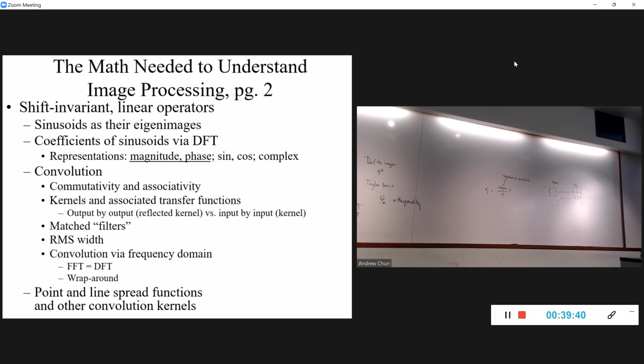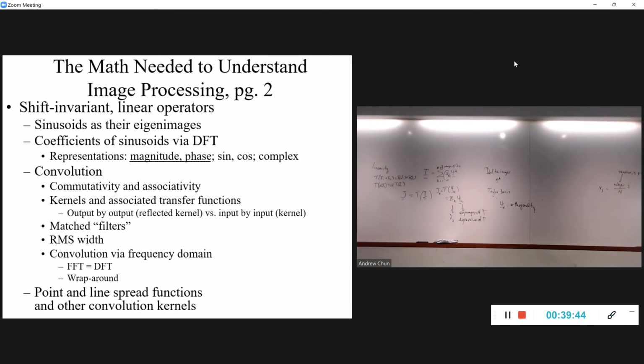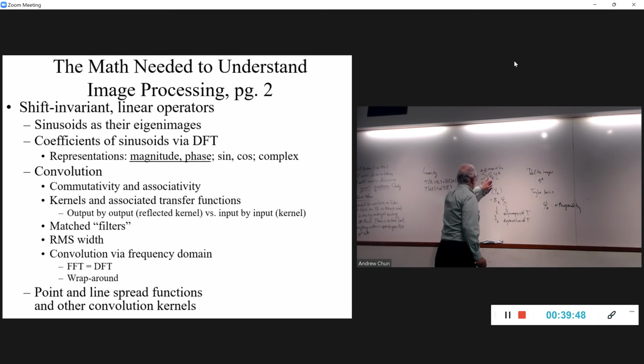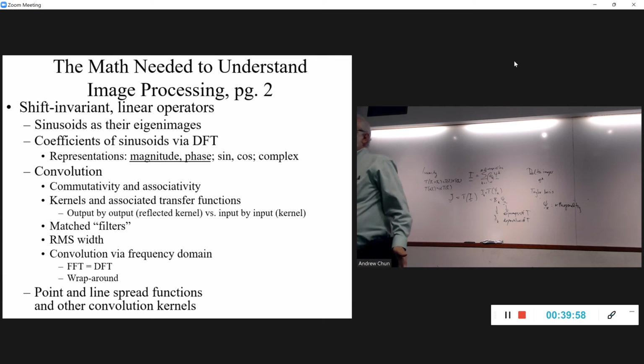We expand the image in terms of its basis images, and then we multiply the coefficients of the basis, sinusoidal basis images by their corresponding eigenvalues of the operator that we're applying.